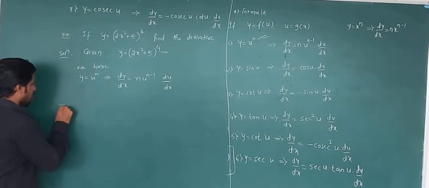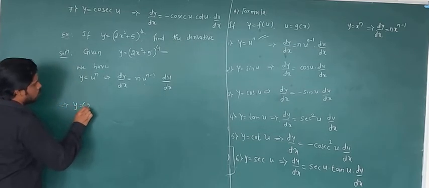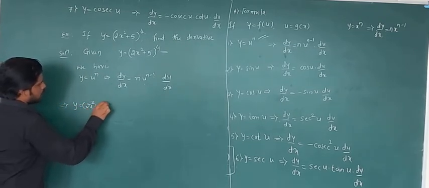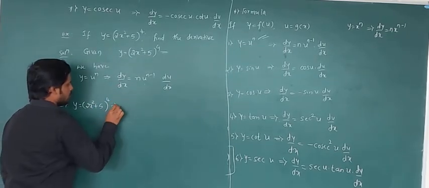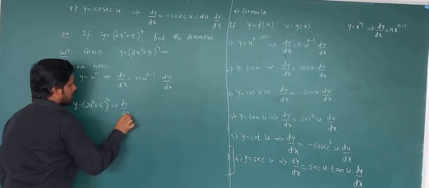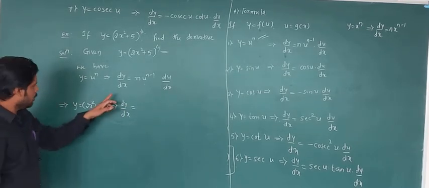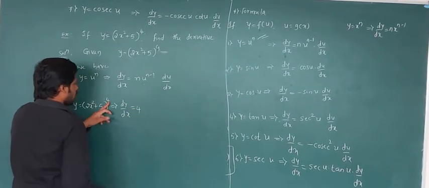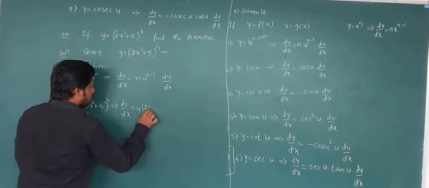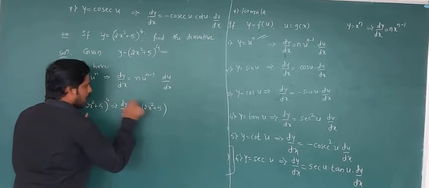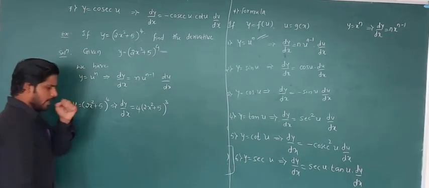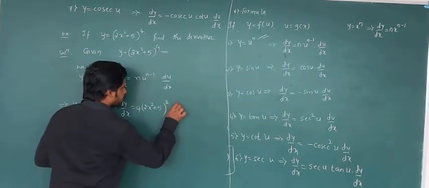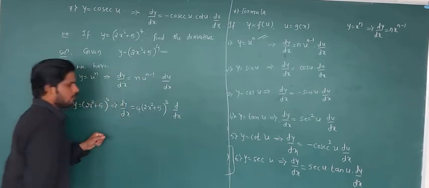So this implies derivative of this function is dy by dx equal to, here n we have 4, u we have 2x square plus 5, n minus 1, 4 minus 1, that is 3, into d by dx of what is u here?